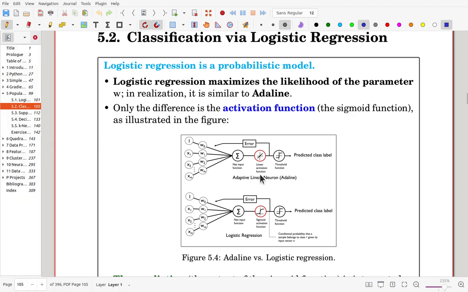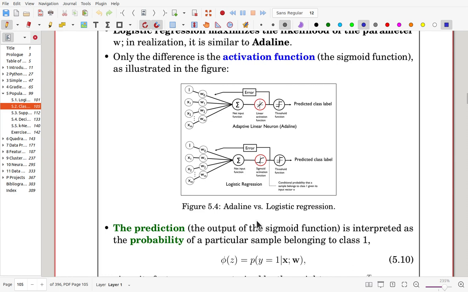Adaline uses the identity function for activation, while logistic regression uses the sigmoid function for activation. So the prediction, the output of the sigmoid function, can be interpreted as the probability.